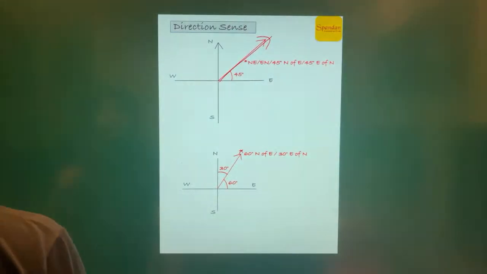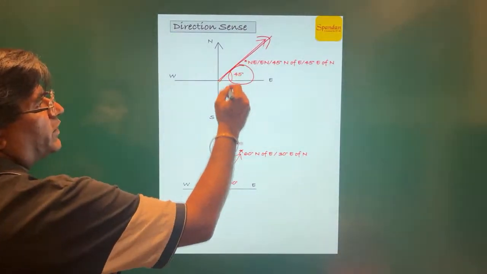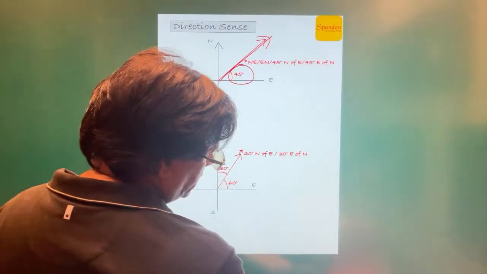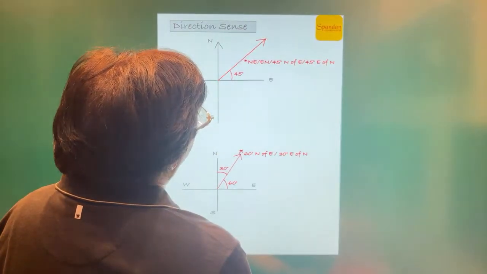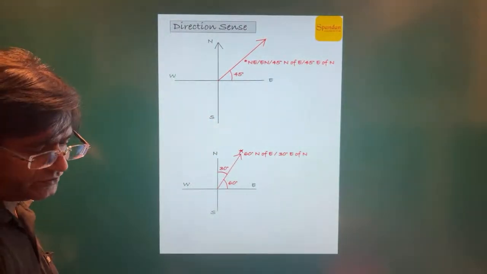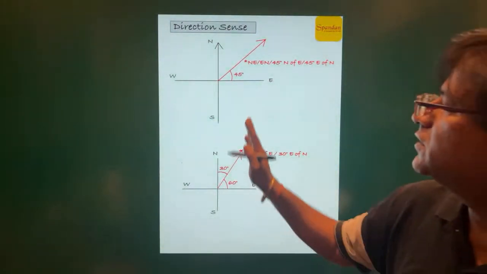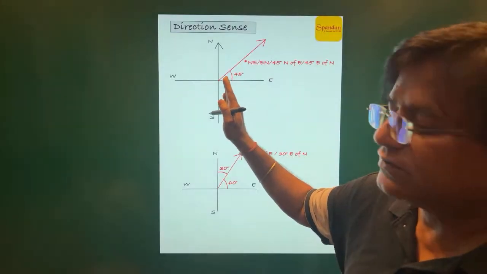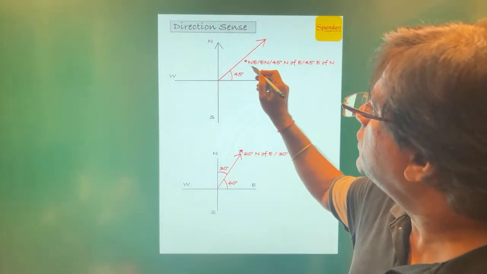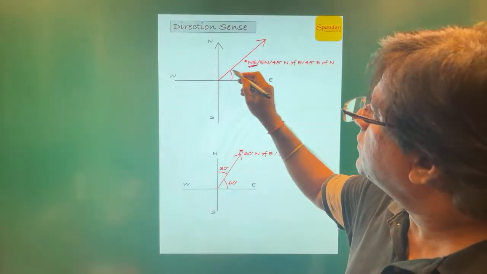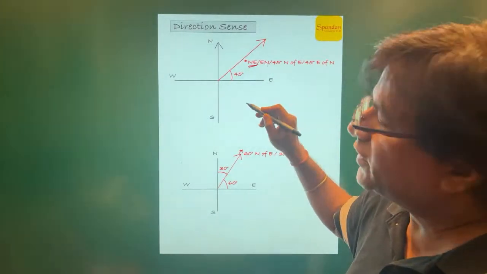This vector makes an angle of say 45 degrees. So in this case, we have to tell its direction. Since it is just bisecting the northeast direction at 45 degrees, it is simply called northeast, or it can be called east north, right?